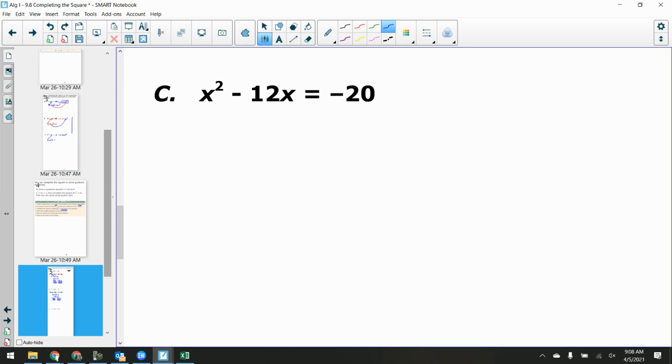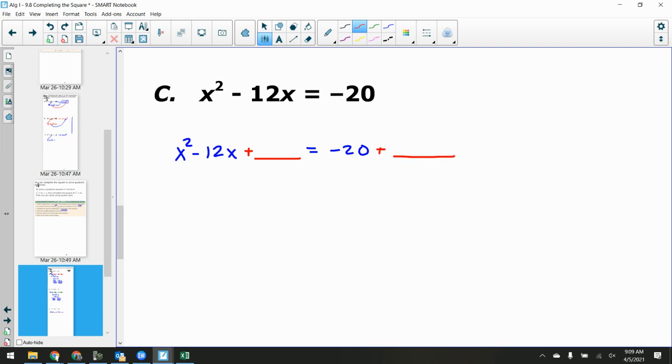Are my variable terms on the left side and constants on the right? Step 1, check. Step 2, is there any a value? Nope. Done. Check. Step 3, find the magic number. X squared minus 12x, and I leave a little room here and here.